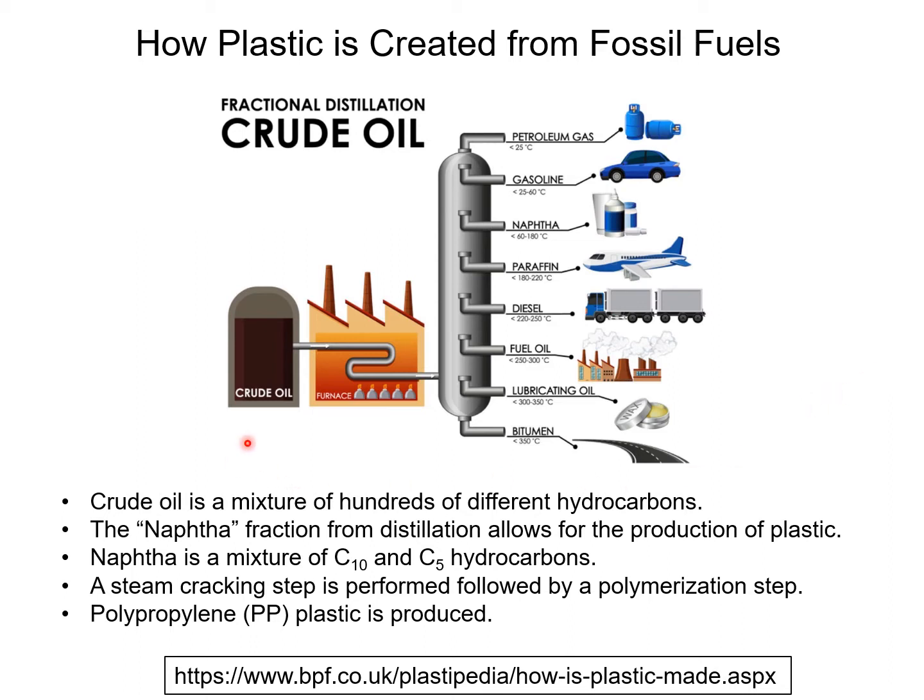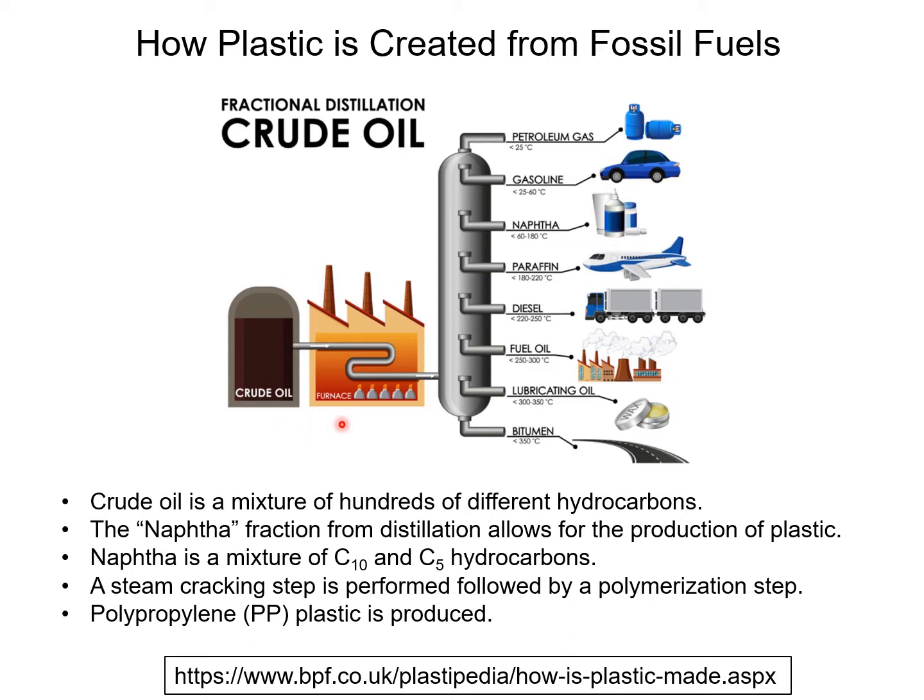And you can see crude oil here, which is a mixture of hundreds of different hydrocarbons. Hydrocarbons in chemistry are molecules that have hydrogen and carbon elements, and they make up this material.